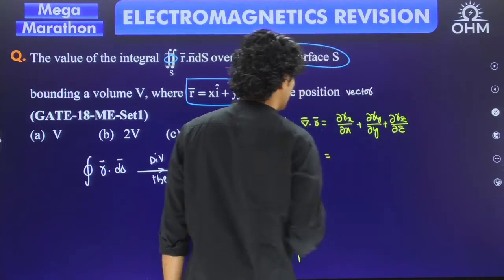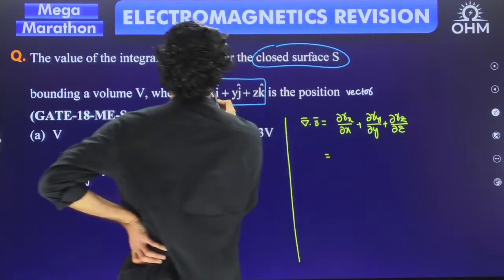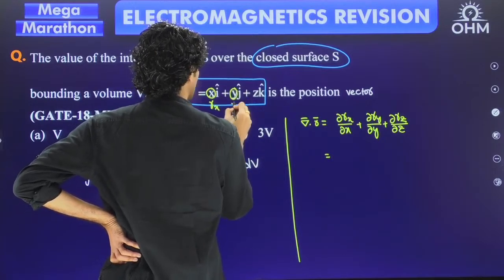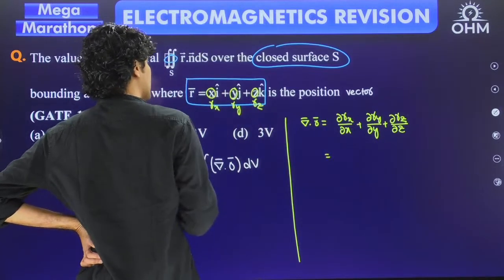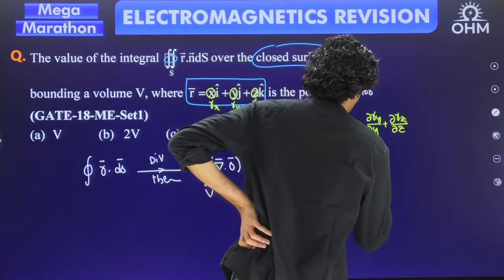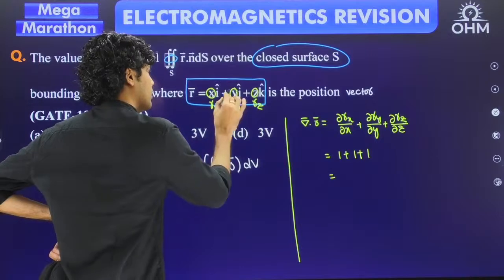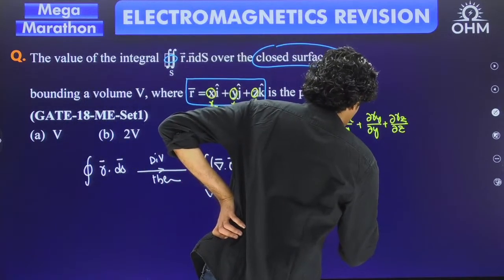Coefficient of x cap is rx, y cap is ry, z cap is rz. So we get 1 plus 1 plus 1, because x with respect to x is 1, y with respect to y is 1, z with respect to z is again 1. So total value is nothing but 3.